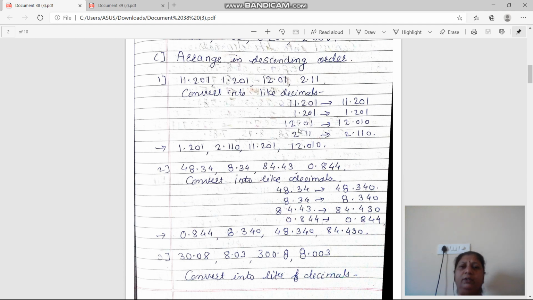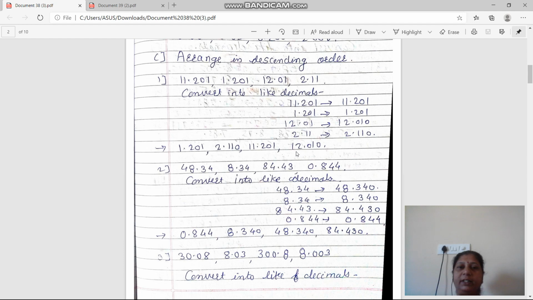12.01, we have to give a 0 here. 2.11, give a 0 here. Now these are all three decimal numbers. Now start. Which is the greatest one? 12.010. Fine. I have done it in ascending order, so it is wrong.